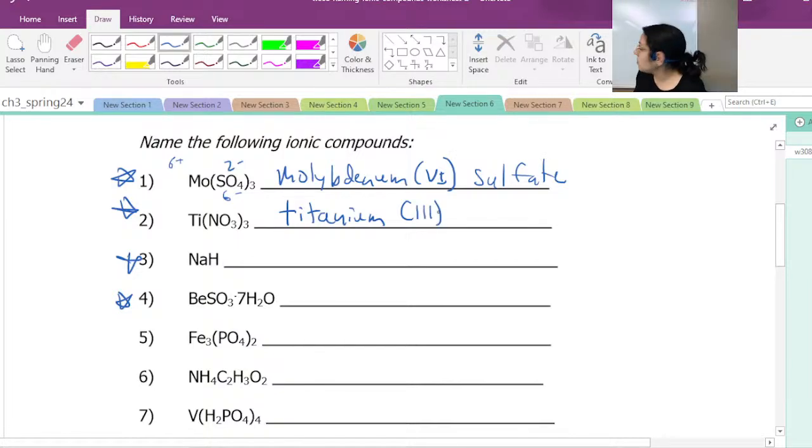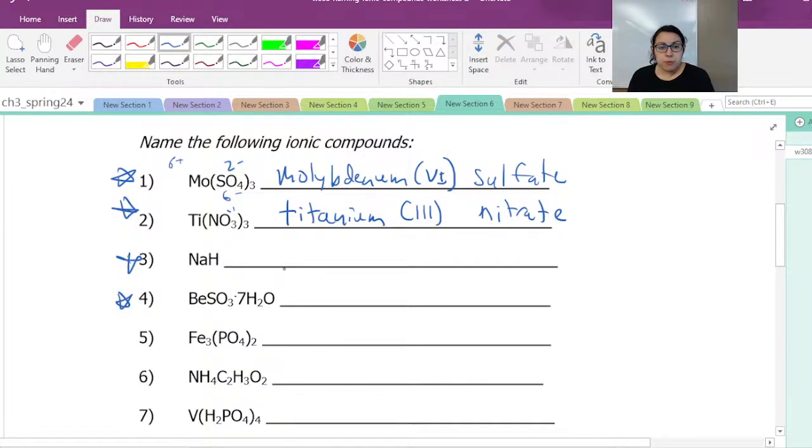Yeah, and I mean, you're sitting in the back, so hard to tell. So that's an I, so titanium 3. And then what did you say for the last part? Nitrate. Nitrate, perfect. And so our nitrate, we can look back, that's NO3, -1, so -1 times 3 gives us our titanium 3+.